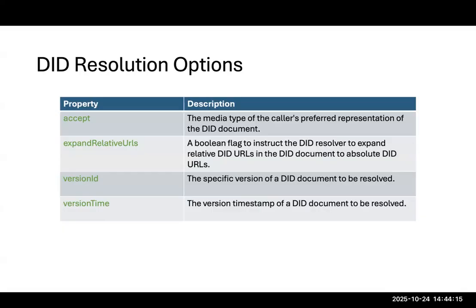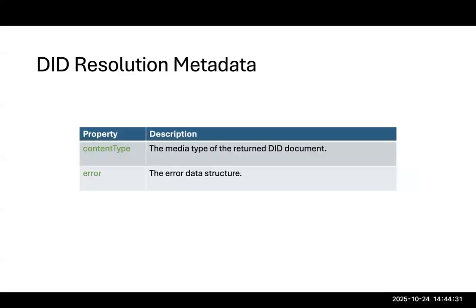I want exactly that version, and/or I can set the version time, so the timestamp of the DID document to be resolved. The metadata is super simple: the content type, which is the media type of the DID documents, and the classical structure for handling errors.